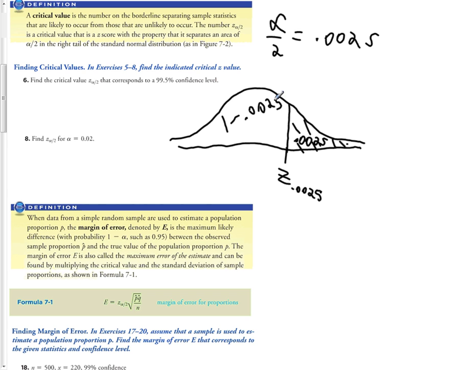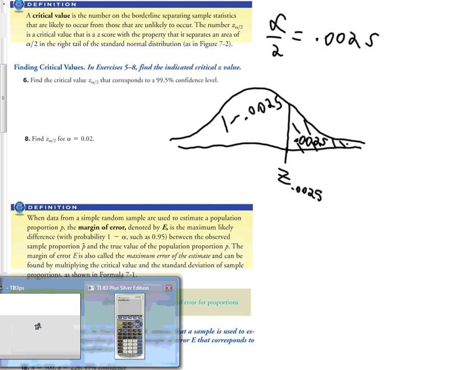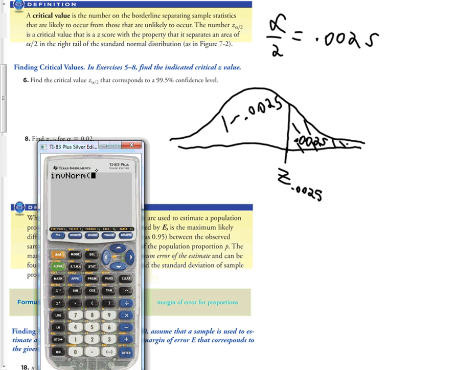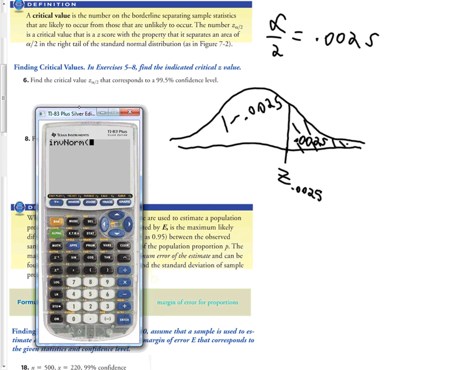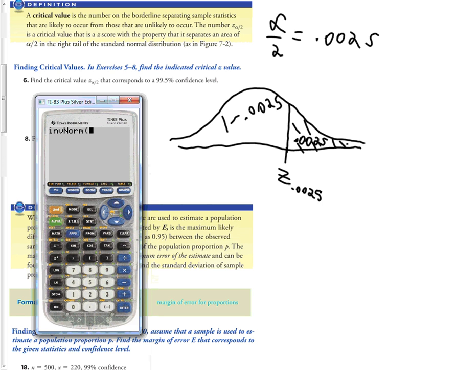So into the calculator we have to put not the area to the right, but the area to the left. We can put it in as the inverse norm of 1 minus 0.0025, and that will give us the critical z value that we need.